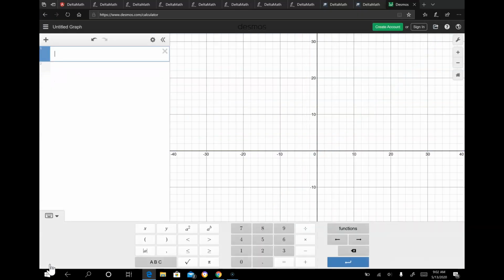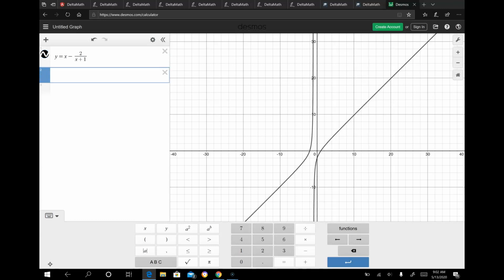Again, okay? So y equals, first one is going to be x minus 2, oh, I did 2 minuses, 2 divided by x plus 1. Line 2 is going to be y equals 2x divided by x plus 1.